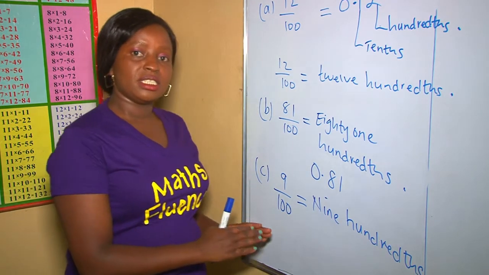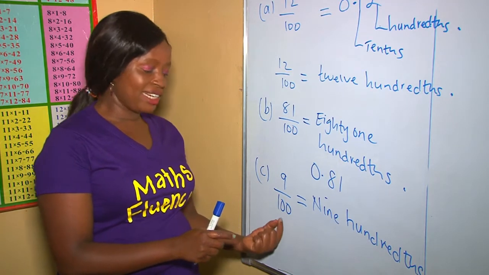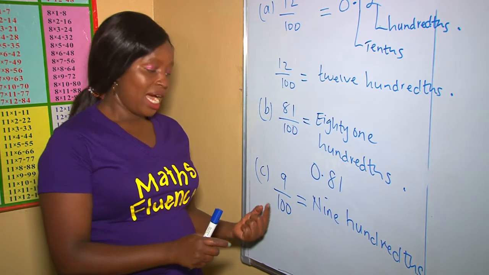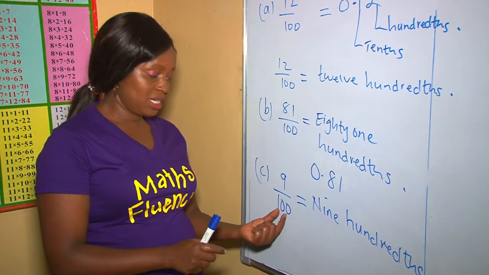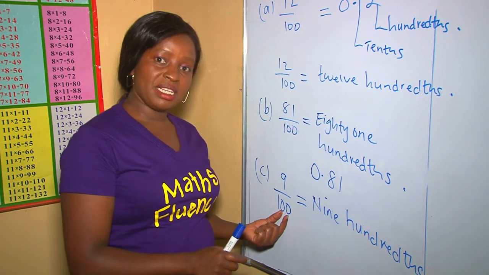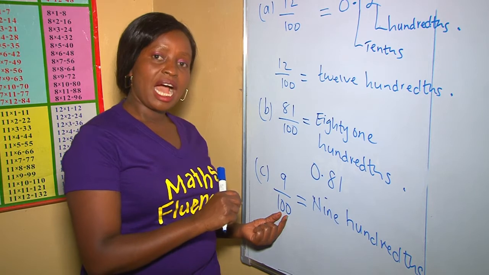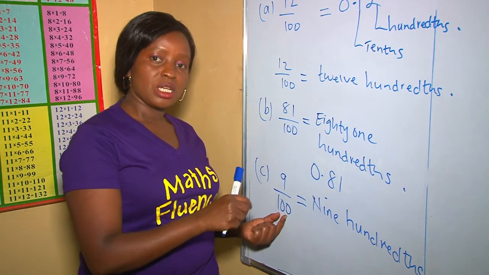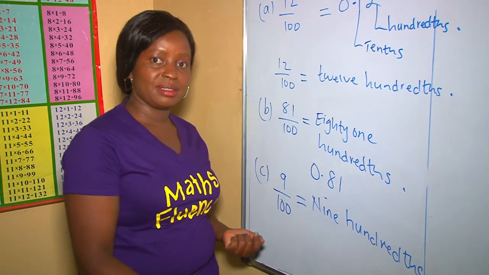To change it from fraction to the decimal, I need to check at the denominator. At the denominator here, the number of zeros are 2. Therefore, it means that when I'm writing it as a decimal, after the decimal point, two digits are required on my right hand side.